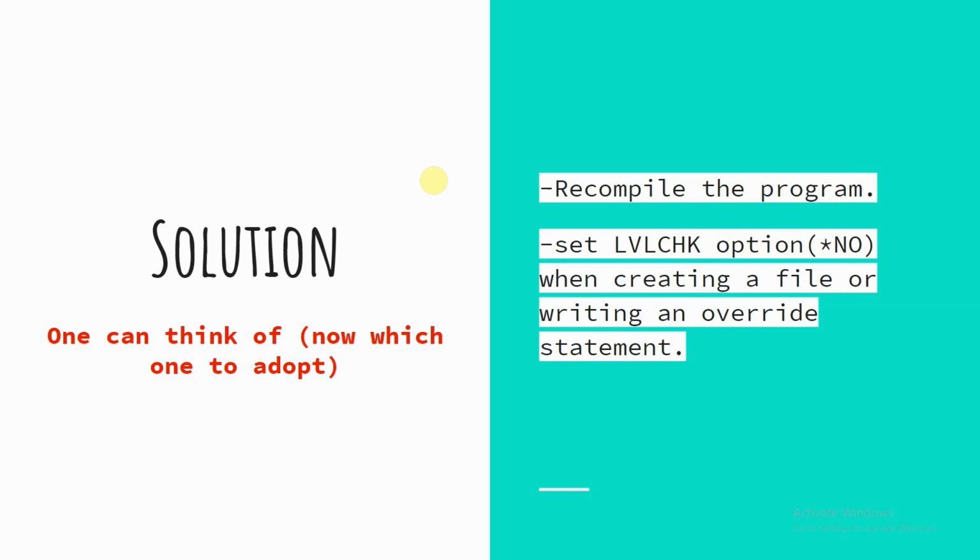In that case, your record format level ID won't be checked when calling that program. Or when you write an override statement for a file, you can specify the level check option there as well.